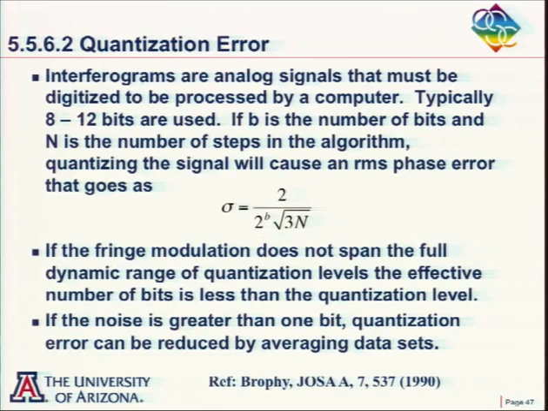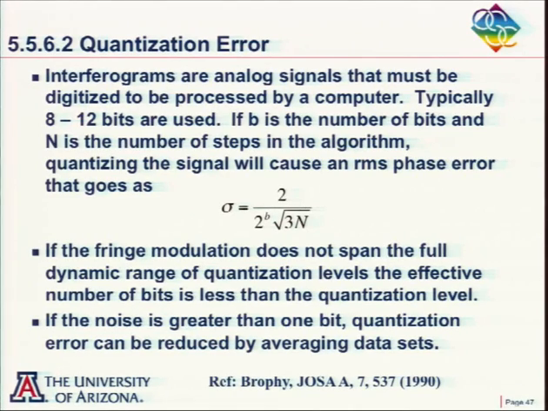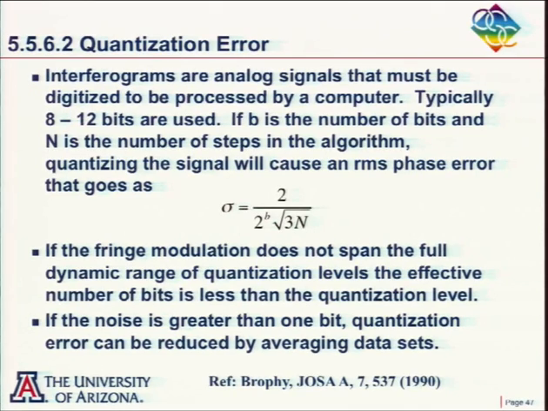But as a typical number, let's say we use 8 bits and we use 5 steps. I have here that in units of waves, this turns out to be 0.0003 waves. So 0.3 over 1,000 waves for 8 bits and 5 steps.